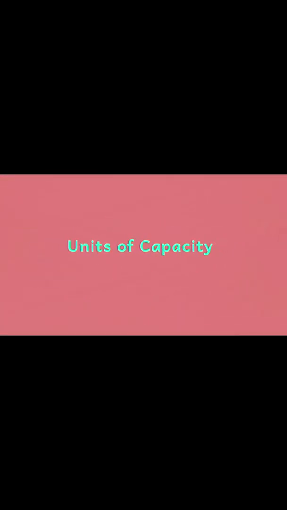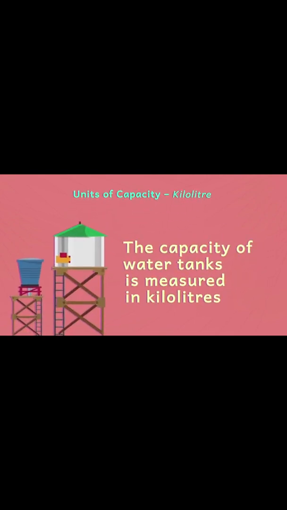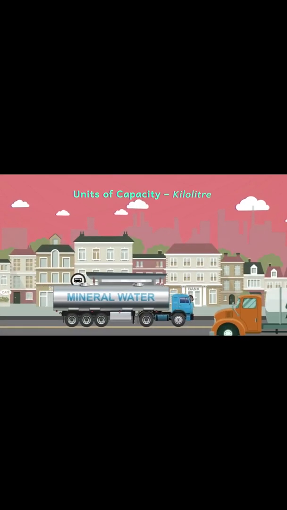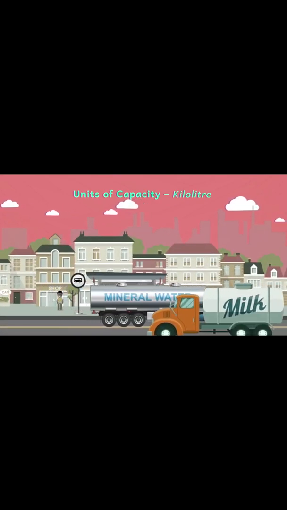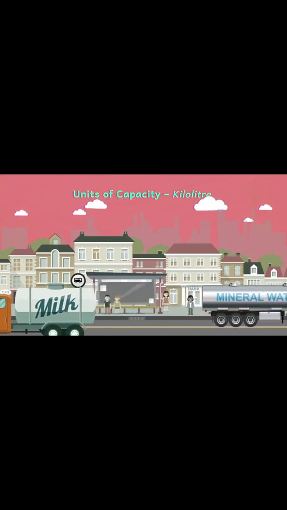A much larger unit to measure capacity is kiloliter. The capacity of water tanks is measured in kiloliters. Water or milk is transported using water or milk tankers which have very large capacities. Thus, to measure very large capacities, we use kiloliters. 1 kiloliter equals 1000 liters.